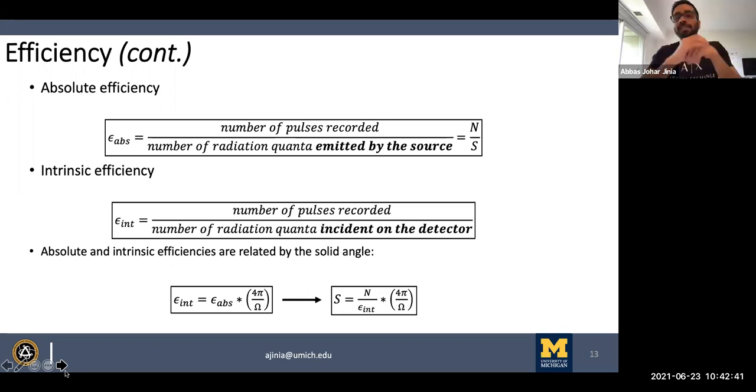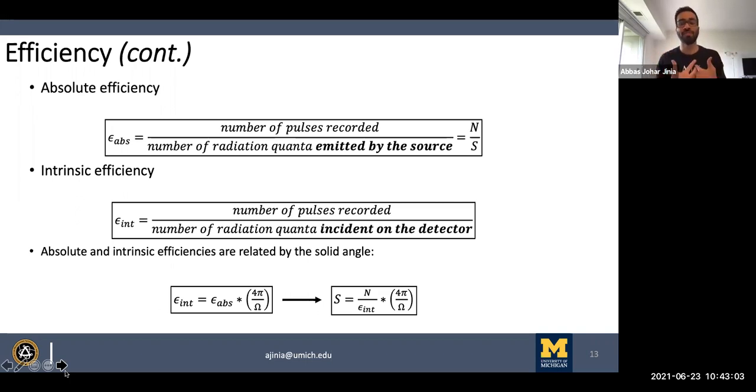There is a second term in efficiency that we normally refer to, the intrinsic efficiency. And what is the intrinsic efficiency? When you have a radioactive source, not all radiation will be emitted in one particular direction.